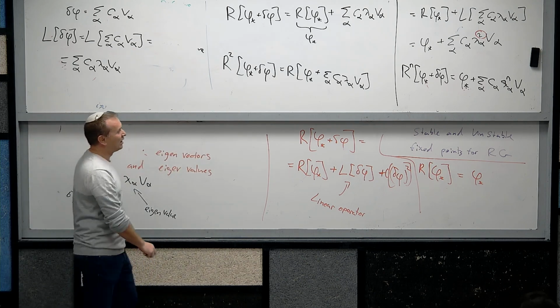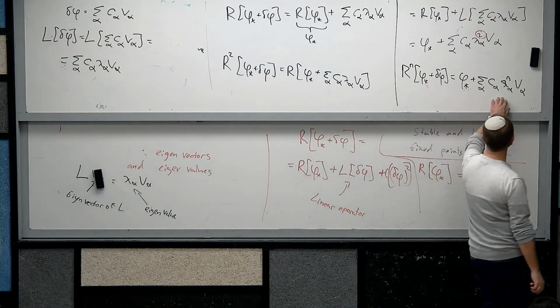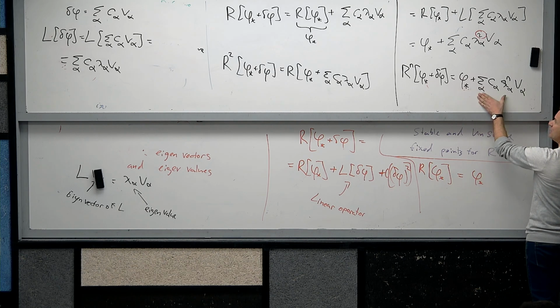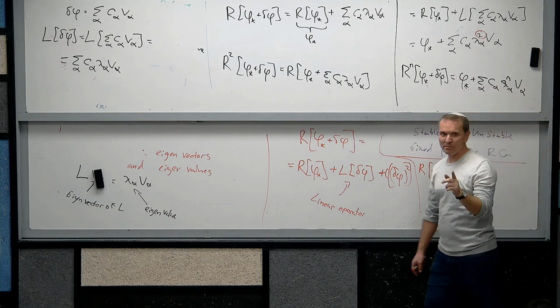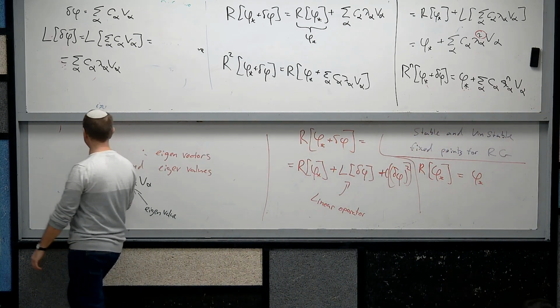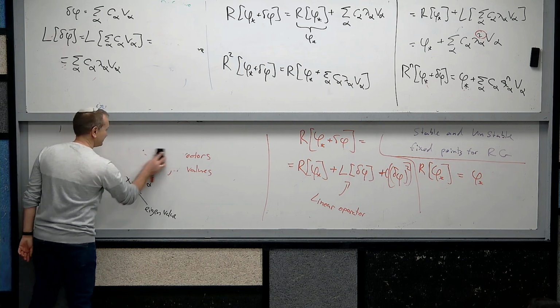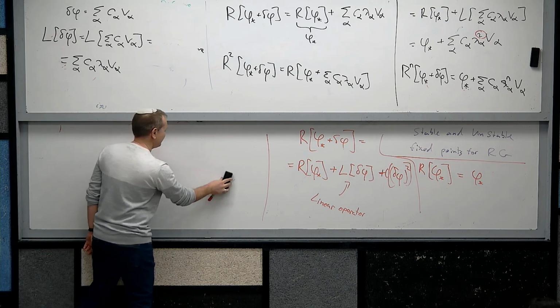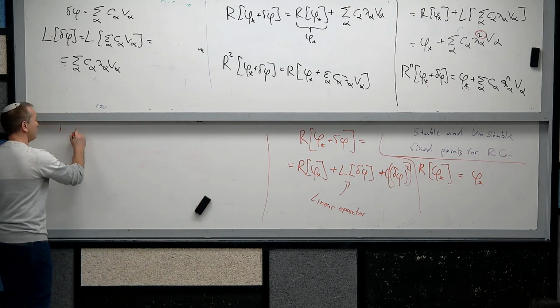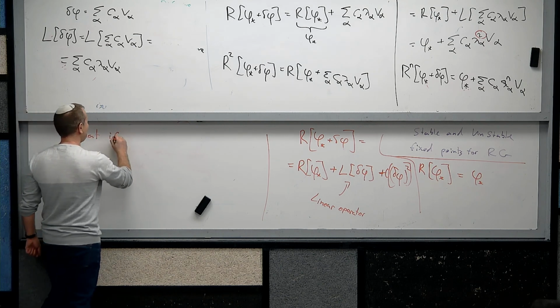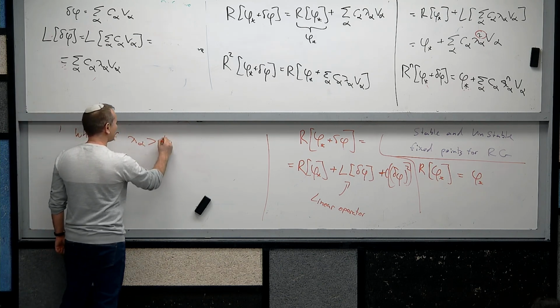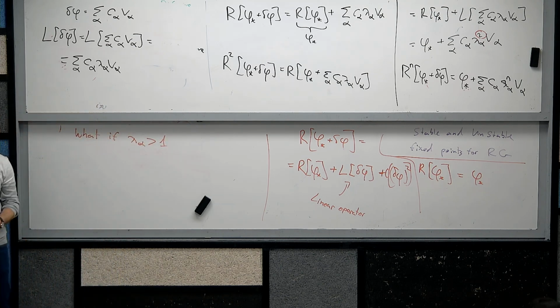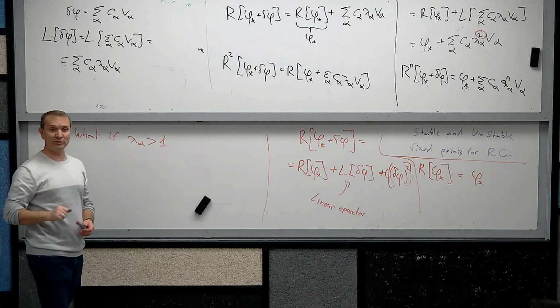Okay, so let's look at this. This is unmodified. The only thing that application of RG steps modifies is this guy over here. And remember, lambda alpha are some numbers. So what if lambda alpha is greater than 1? You move out from the fixed point.